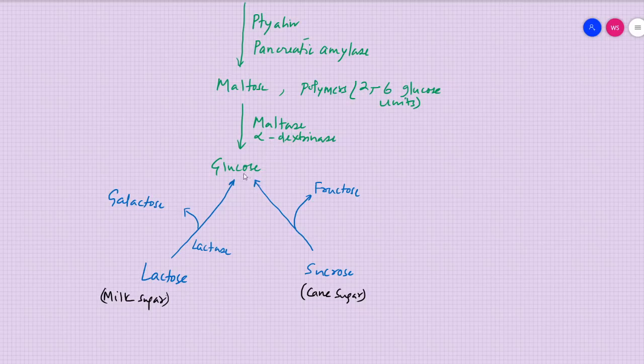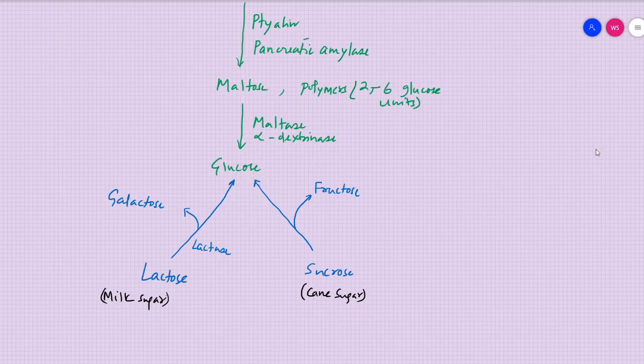But what's important is, why are they very commonly present in our diet? Because milk is consumed, as well as cane sugar, sugar beet, and sweet potatoes, which are a source of sucrose, and therefore lactose and sucrose are the most common source of glucose.